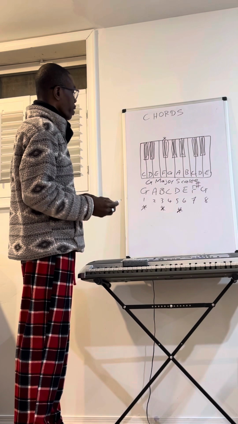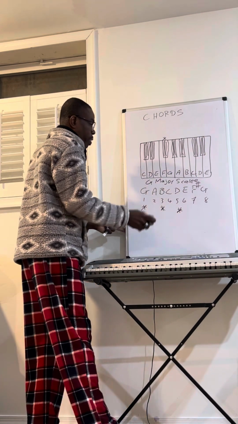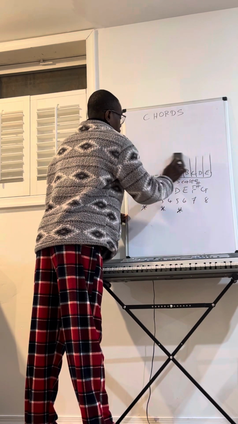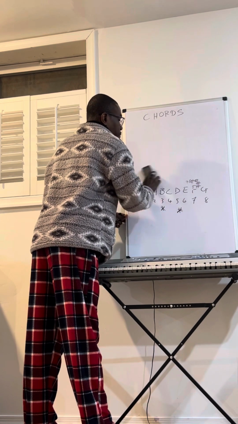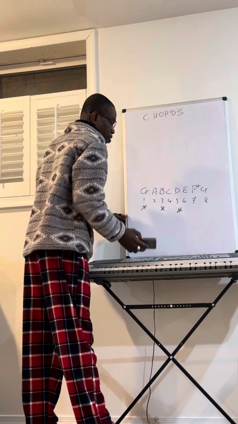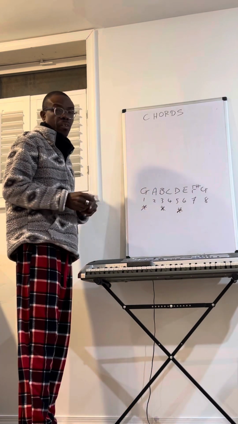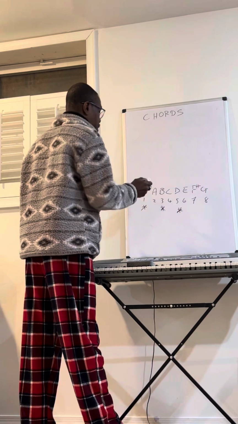That is a chord right there. Let me make some space. Because we chose the first, third, and fifth notes of the G major scale, that is called the G chord, G major chord.